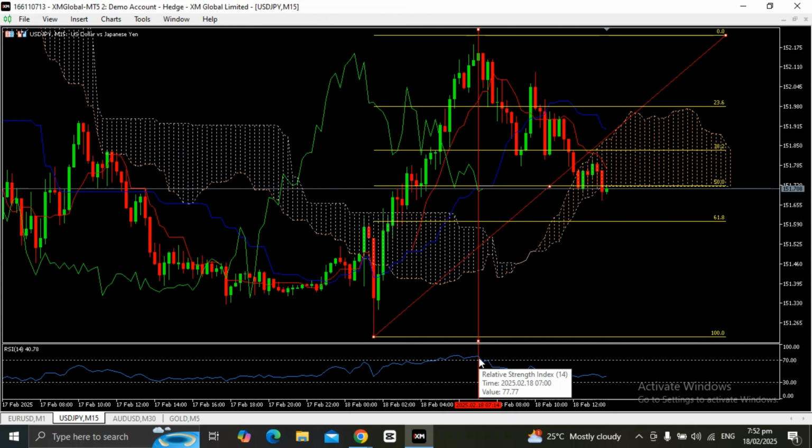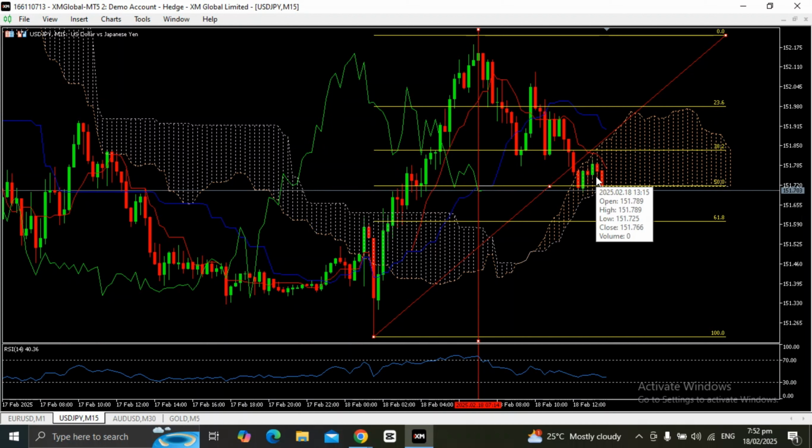So what happened is there will be a lot of sellers, and that drives the price down. Okay, same with this area. Look at the RSI, it's near 30. So there are more buyers at this stage than sellers, so the price went up. Okay, that is how you read the RSI.